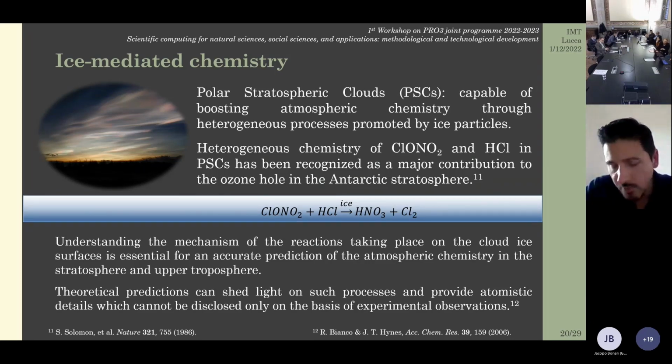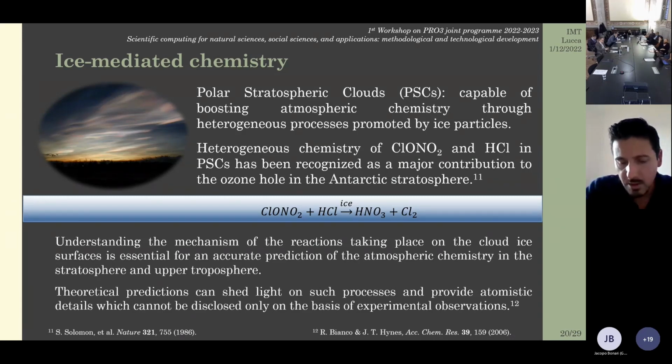Here we focused in particular on the processes taking place on the ice surfaces, because actually the ice-mediated chemistry can have a huge impact on the chemistry of the atmosphere. And here probably the most important example comes from the explanation of the ozone hole in the Antarctic.